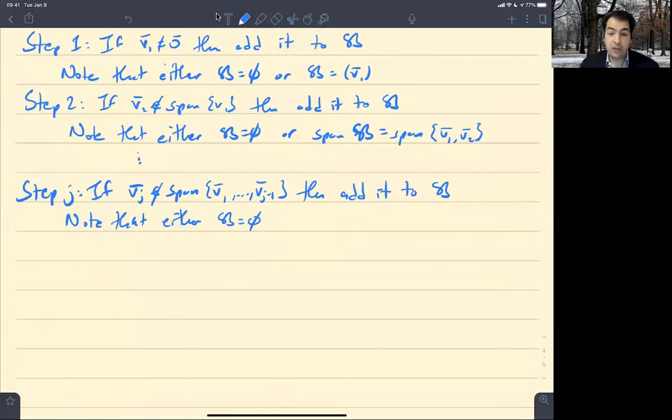How could B be the empty set? Well, what if all of these vectors so far are the zero vector? You just have the zero vector repeated over and over again. Then I haven't added anything to B. But if you have non-zero vectors, then B will not be the empty set, in which case it's guaranteed that the span of B is equal to the span of all of the vectors from 1 to j.